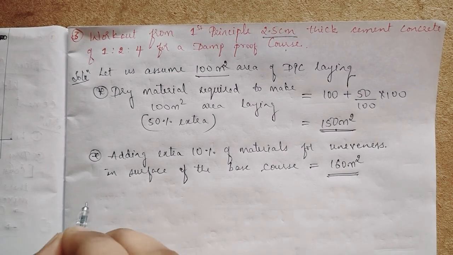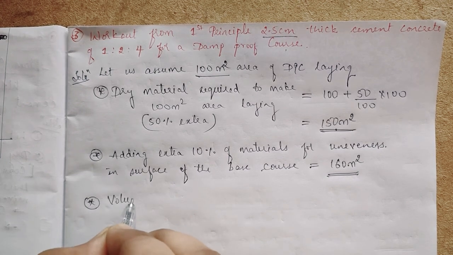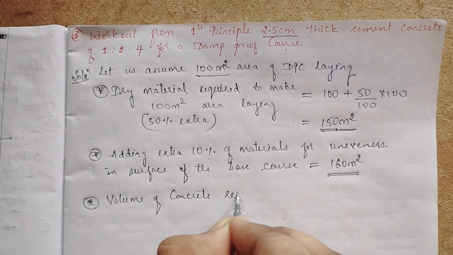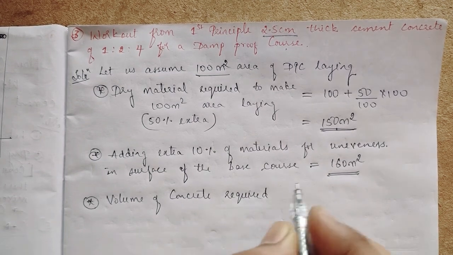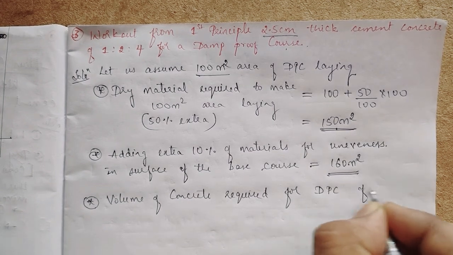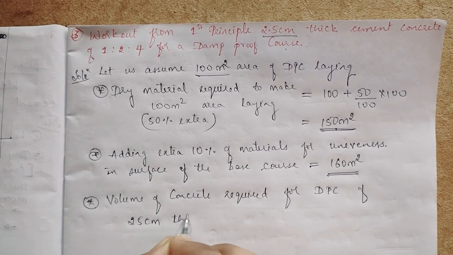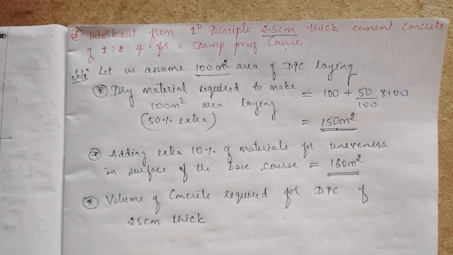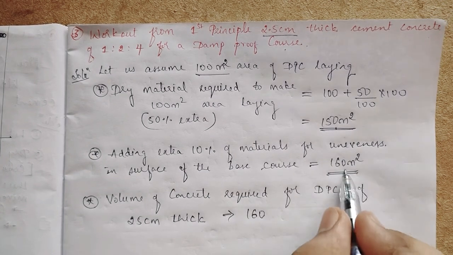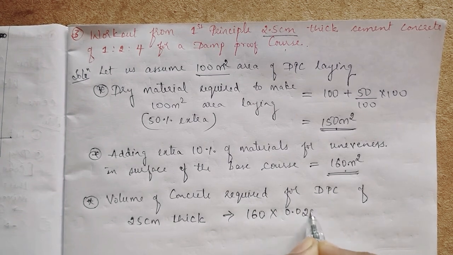Now what will be the total volume of concrete required for DPC of 2.5 centimeter thick? That will be 160, what we have assumed, into 0.025.